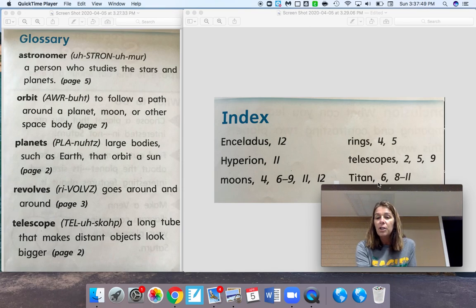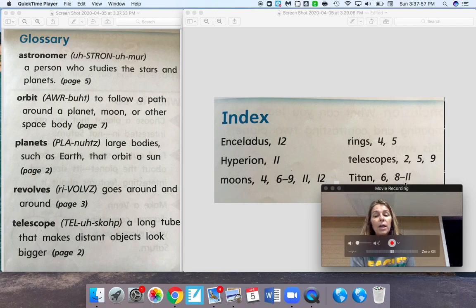But notice what page it's on. 6, and then it says 8-11. So it must be a pretty important word in this section of text, because it's saying you can find it on page 6, page 8, 9, 10, and 11. When you see a dash, it means you'll find it first on this page and then last on this page.